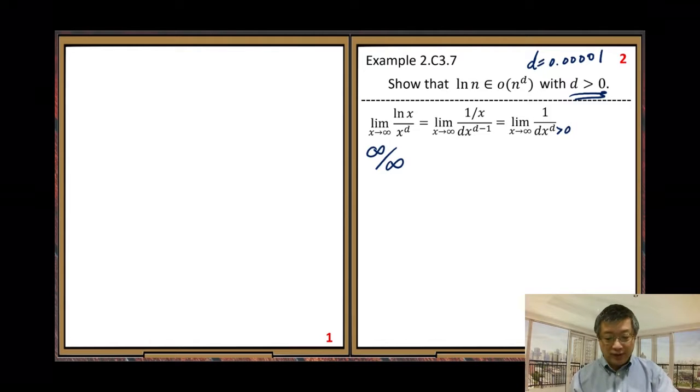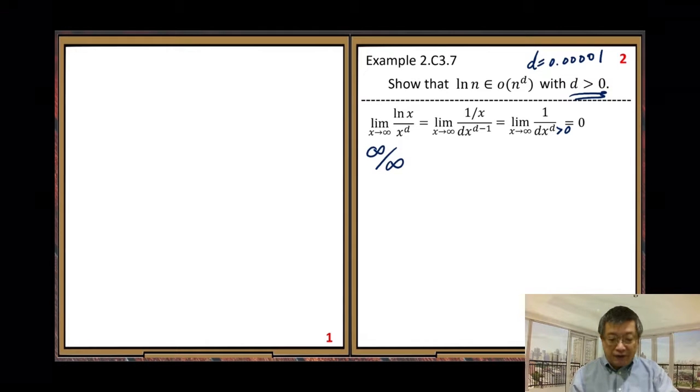And this time, it is not an indeterminate form. The numerator is 1, so we cannot use L'Hopital's rule anymore, but we can see the limit immediately. When x goes to infinity, the denominator goes to infinity, 1 over infinity is 0. So we have the answer, 0.